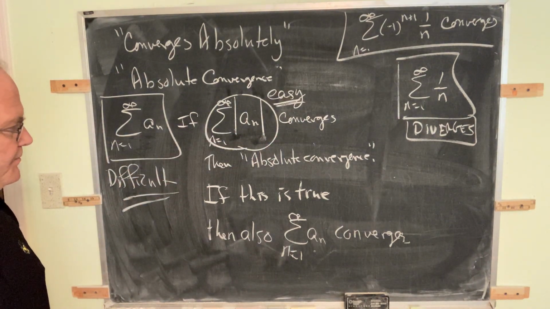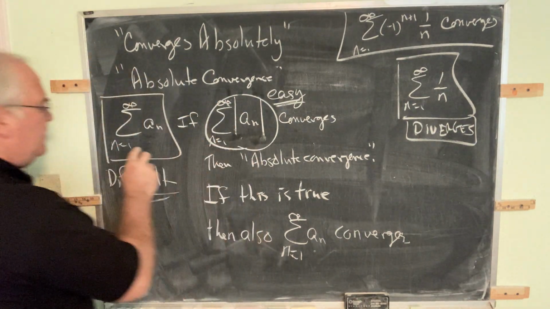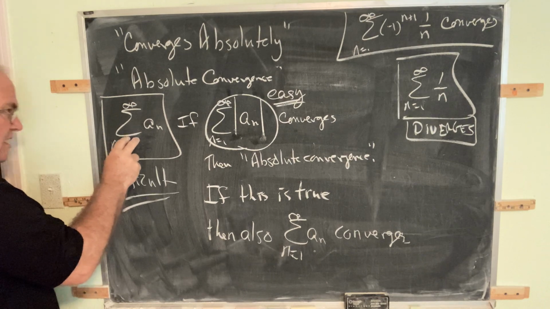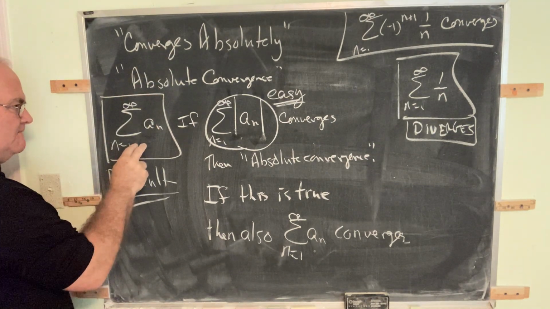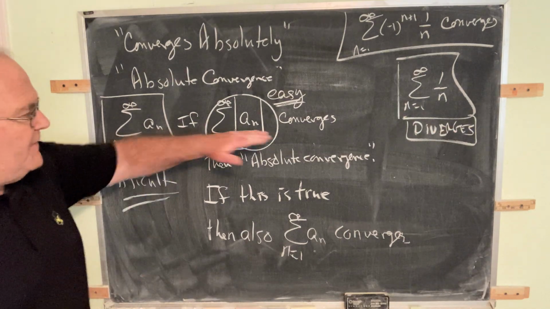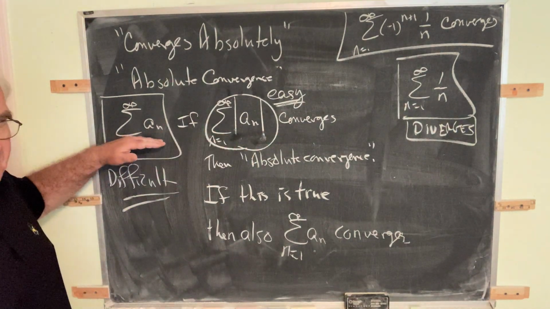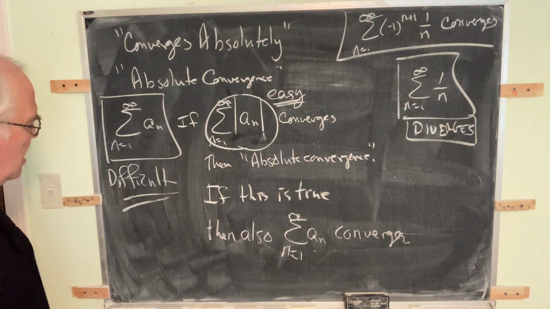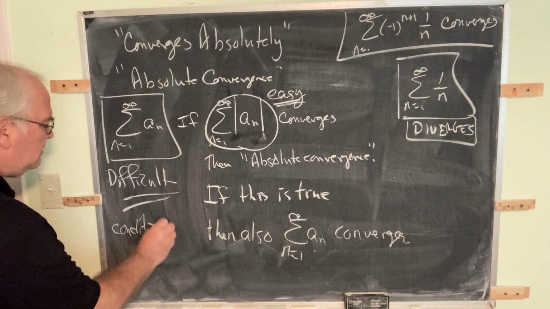All right? If this does converge, then we say this series has absolute convergence, it converges absolutely. If this fails, but then you go back and check this and see if this succeeds, then that's called conditional convergence.